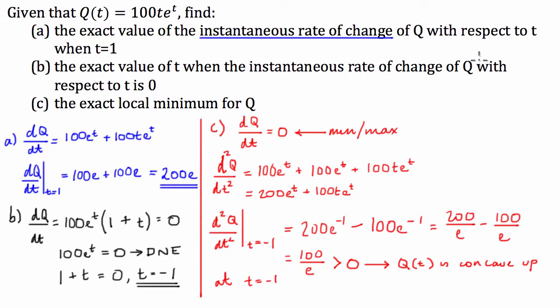So concave up, if we just draw it up here, is when the function looks like this. So it's concave up. If we have a point on a domain that's concave up, that point there is going to be a minimum.